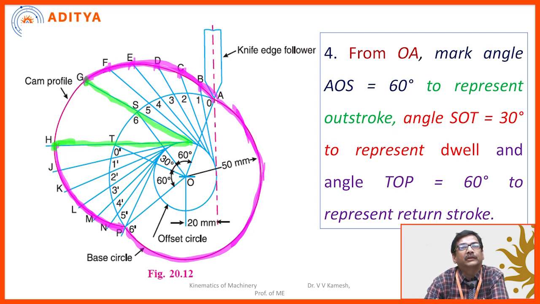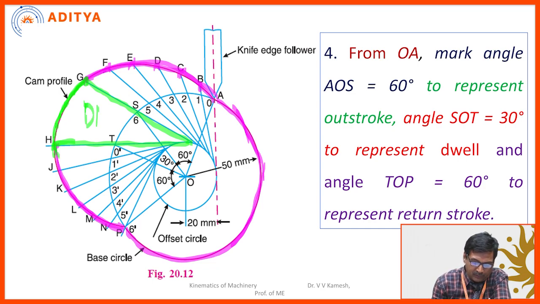There is no common central point. So by our hand, we need to draw a smooth curve like this, okay? Now this will be the dwell part, or you can call it D1, this is the dwell part, D2, this is actually the second dwell, right?